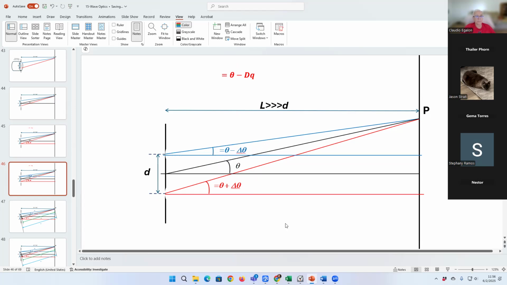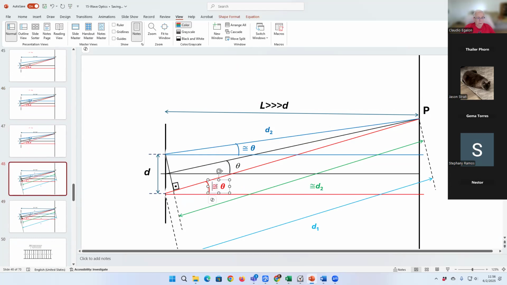Strictly speaking, this one is theta plus delta theta, and this other one is theta minus delta theta. But because this distance here is so large, we can neglect this term here, okay? We can write that down as being approximately theta for both of them.